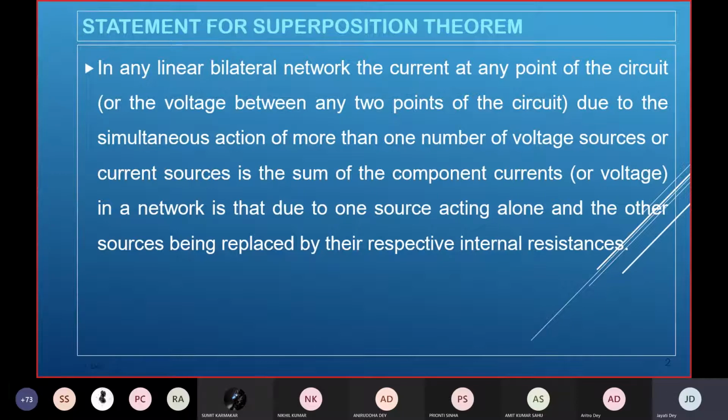The current at any point on the network should be the algebraic summation of the currents when each of the sources is considered individually, and their effect will be summed up; the resultant effect will be the net current flowing through any point of the network.